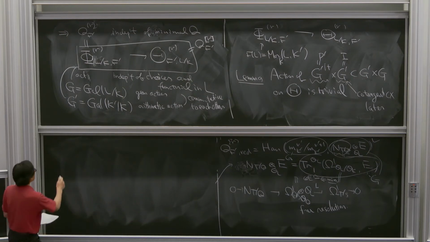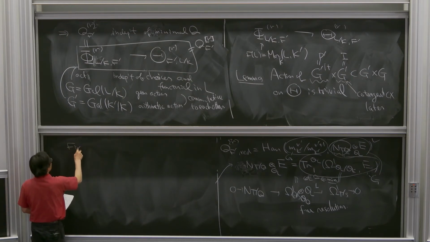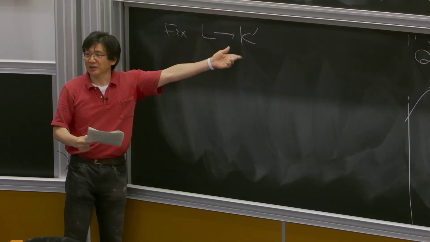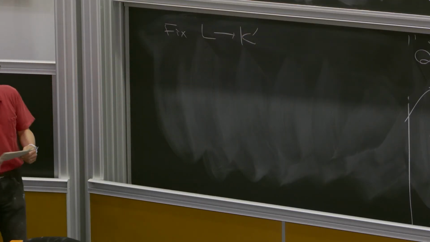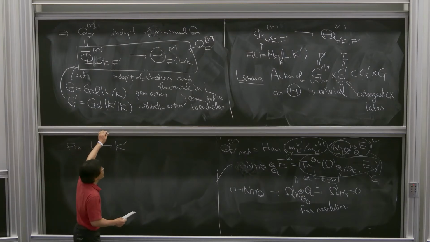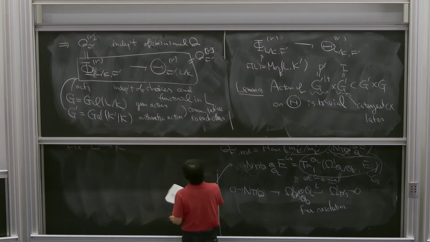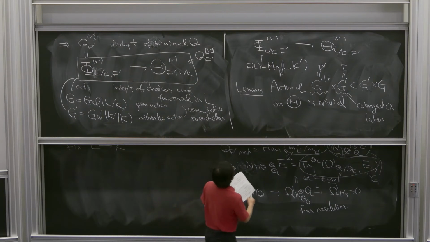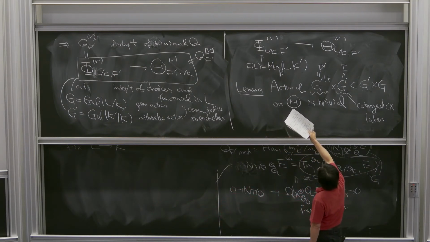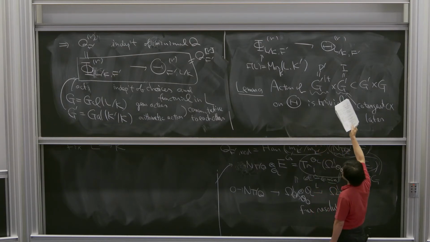Okay, so to go further, we fix one embedding. So we regard L as a subfield of K prime. Then fixing this, we fix one point in FL. So the image of this point defines a point in phi and also in theta.